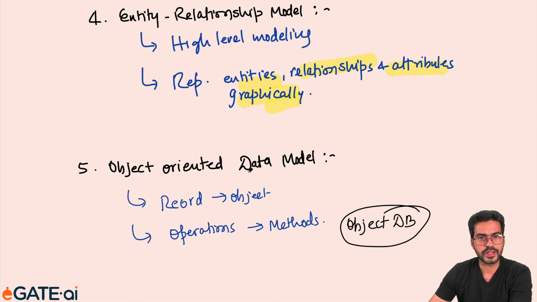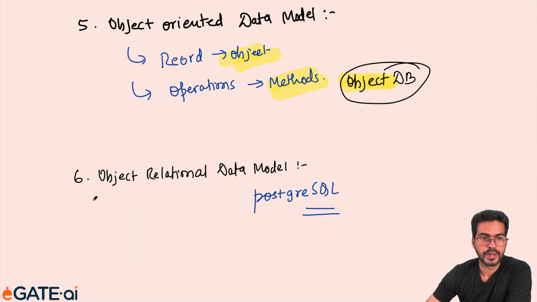Next is the object oriented data model. This was introduced to gain the benefit of object oriented concepts. Records were objects here, and the operations were methods. It was supposed to be a well organized kind of data model, but it was not so popular, and it was used, for example, by ObjectDB. Next is the object relational data model.